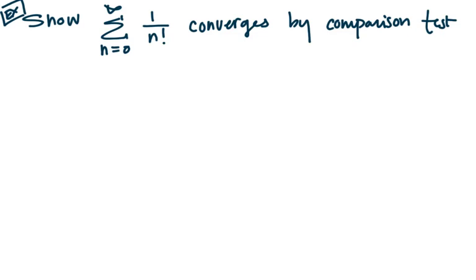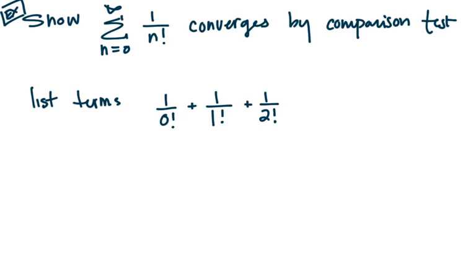Something else that we do when we are trying to analyze what is occurring here is we might list the terms just to see what the series looks like and see if it looks like something that we are familiar with. So if I list my terms here, I've got 1 over 0 factorial plus 1 over 1 factorial plus 1 over 2 factorial, 1 over 3 factorial, right?